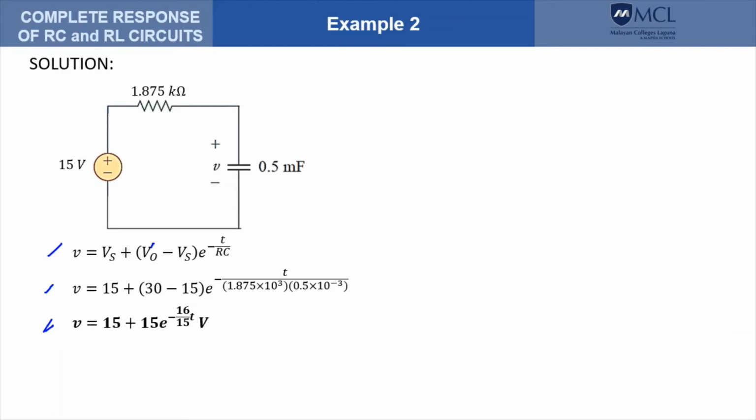And take note that this voltage is good for t between 0 and infinity, where again t equals 0 is the time when we transfer the switch back to A. Also note that I have computed for the new steady state voltage of the capacitor, and that should give me 15. So by letting t here equal infinity, I should be able to get the new steady state of the capacitor voltage.